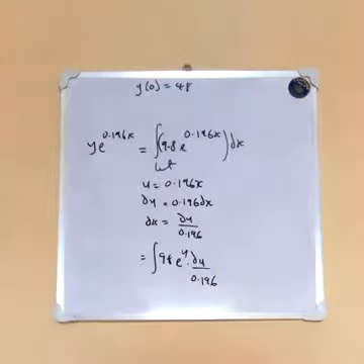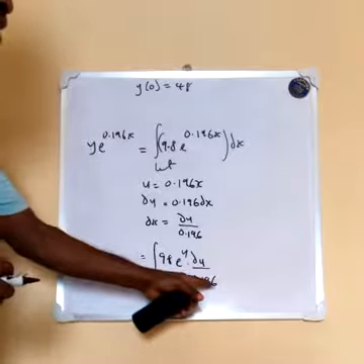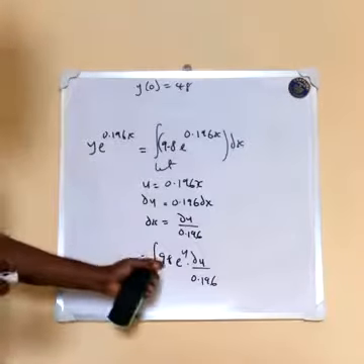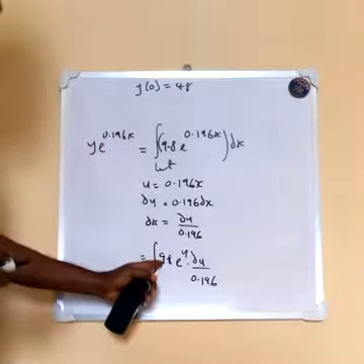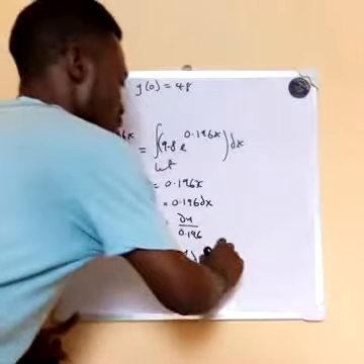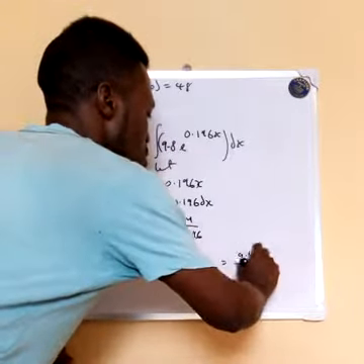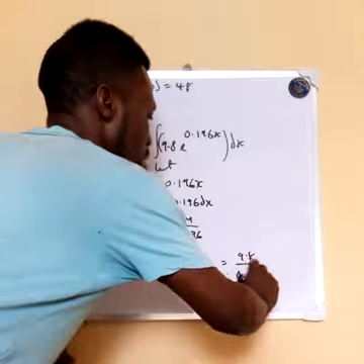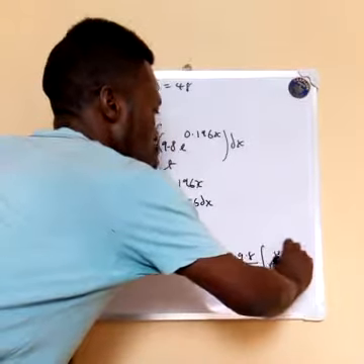So you can see 9.8 over 0.196 there now. When you put 9.8 over this, everybody here is one term. You can bring 9.8 over 0.196 out separately. So that will give us 9.8 over 0.196 times the integral of e^u du.